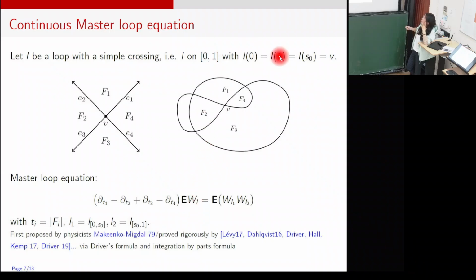Here we have the complicated loop, but we get two simple loops. One, for example, starts from here and goes here, which gives a simpler loop, and another one, two. So this master loop equation is very useful to calculate the expectation of the Wilson loop recursively.